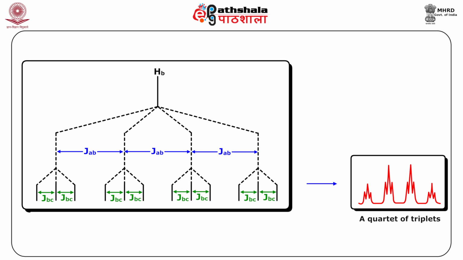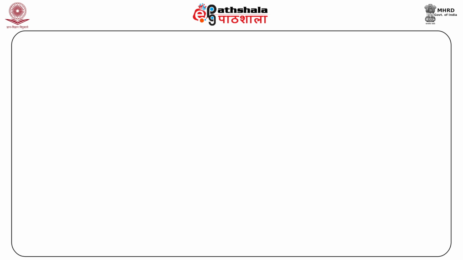Now the appearance of the signal depends greatly on the J values. If JAB is much greater than JBC, then the signal will appear as a quartet of triplets as shown for the example above discussed. If however JBC is much greater than JAB, then the signal will appear as a triplet of quartets.